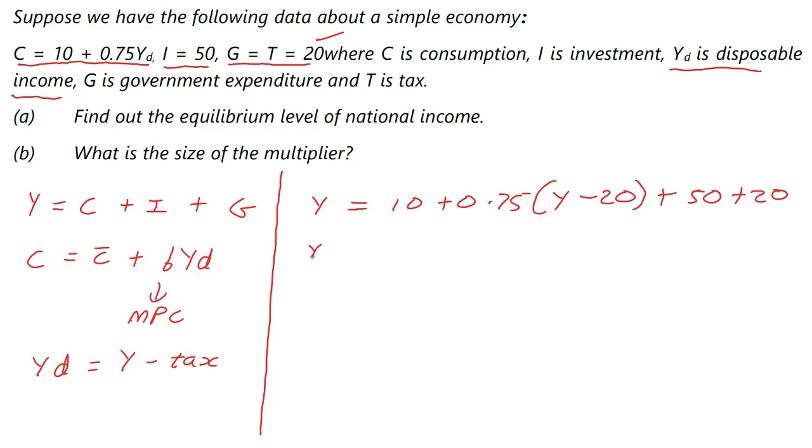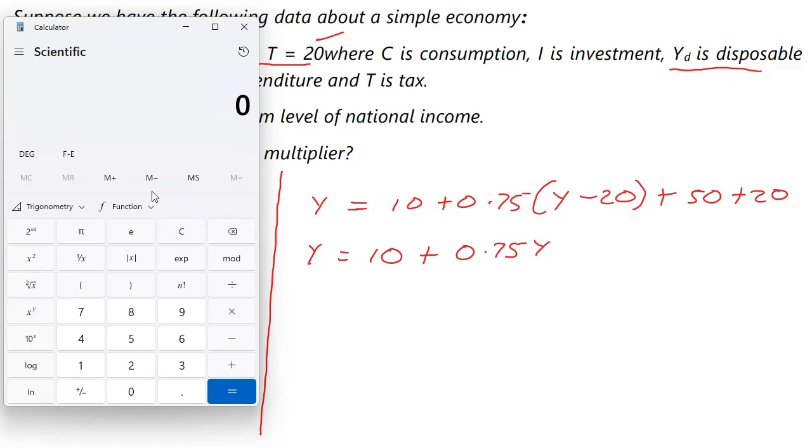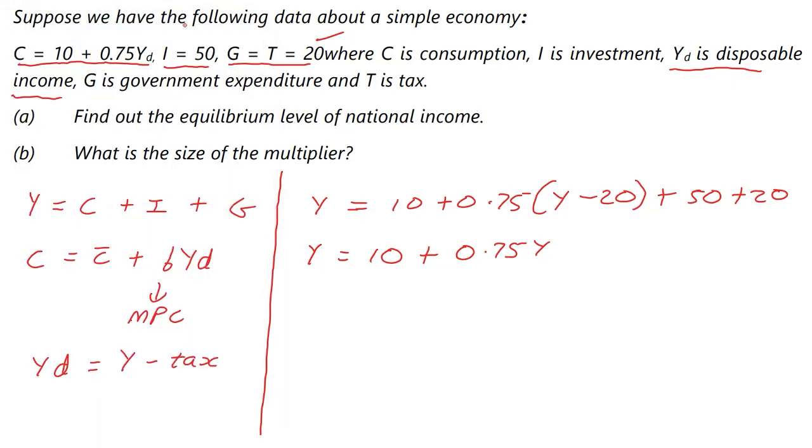Then I get Y is equal to 10 plus 0.75 into Y will give me 0.75 Y. 0.75 into 20 should give me 15, but I will still use the calculator. So 20 into 0.75 is 15. Remember, plus into minus is going to be giving me minus, and then 0.75 into 20 is 15. So it's minus 15, and then I have 50 and 20 together.